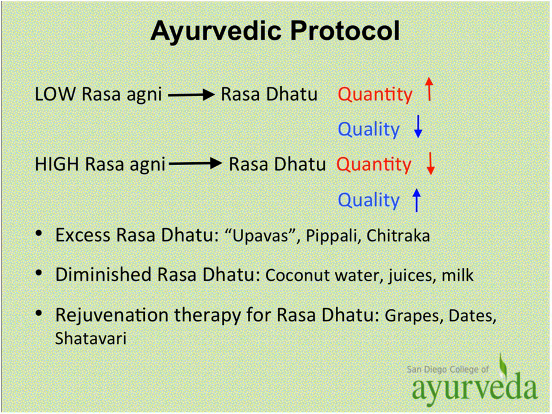So it will not be able to nourish the next dhatu, that is Rakta Dhatu. So that's why we always see issues with increased quantity with poor quality. Then in case of high Rasagni, it literally burns up the dhatus, so the quantity becomes low, but quality is improved, but overall quantity is reduced. That's why we still see signs of deficiency.